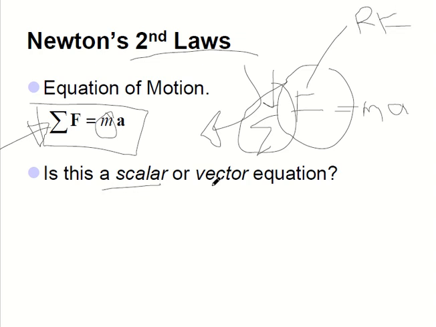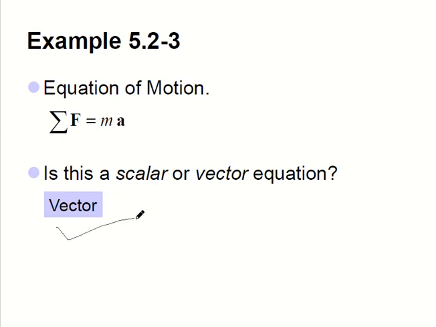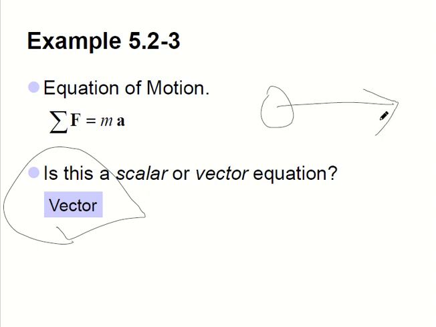So is this a scalar or a vector? Acceleration is a vector, force is a vector, meaning the mass goes into motion in a particular direction. So we have to understand that we are studying or analyzing the vector of that mass because it is moving toward a particular direction.